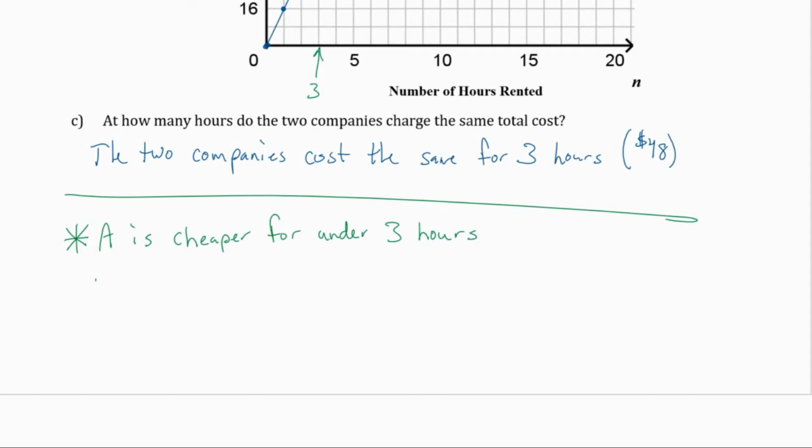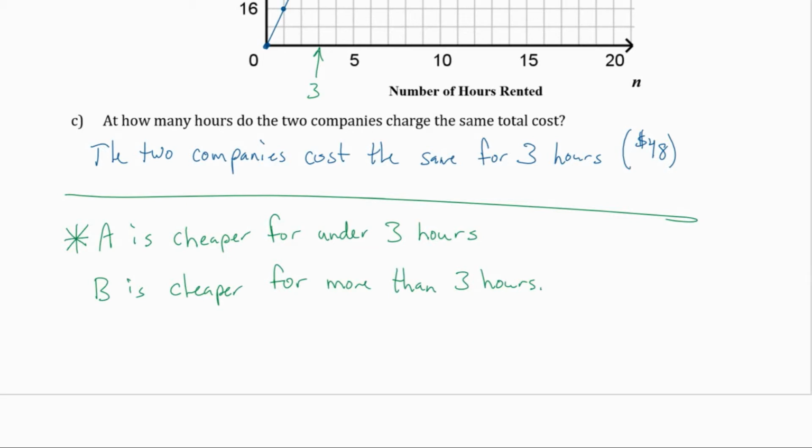And B is cheaper for more than 3 hours. Now that's kind of like 4 hours or more. If you said 4 hours or more, that's kind of true, except you could have 3.5 hours, so even then it wouldn't be quite perfect. So in this case, it's much better to say for more than 3 hours and for fewer than 3 hours or under 3 hours. Okay.